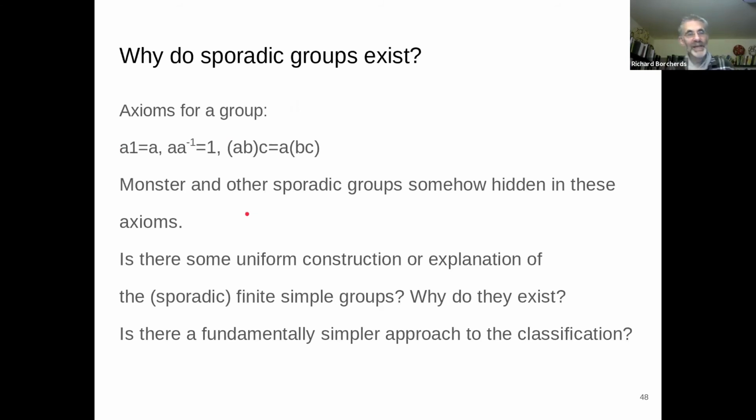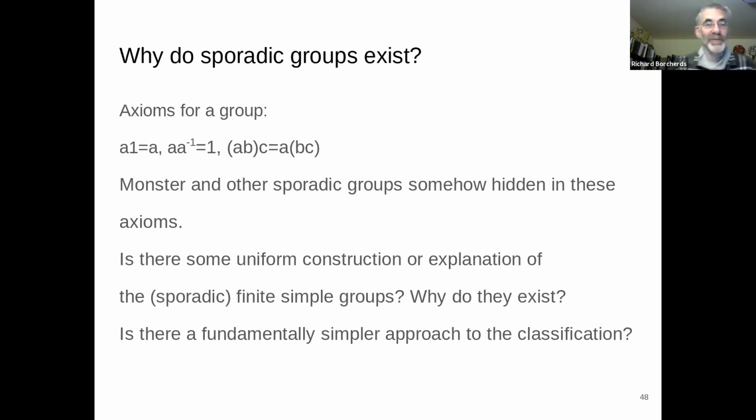So we can ask, is there some sort of uniform explanation of the sporadic groups? Why do the sporadic groups exist at all? Is the classification really that complicated, or are we missing some fundamentally simple approach to the classification which would explain what's going on?